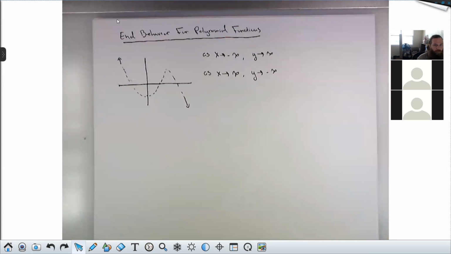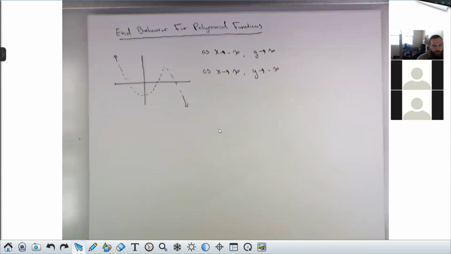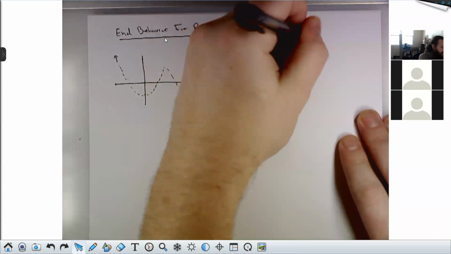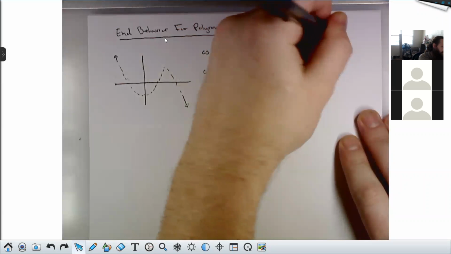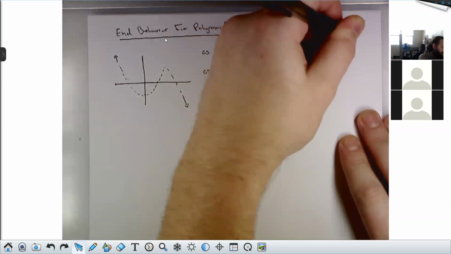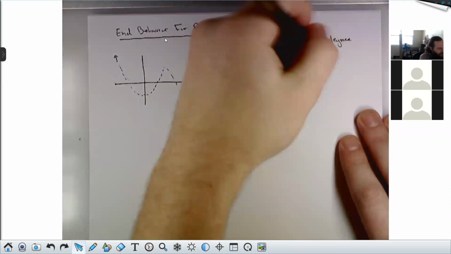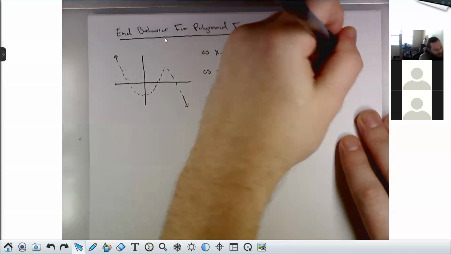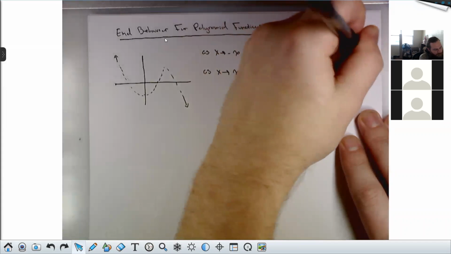The type of functions that exhibit this behavior, let me say this another way. The end behavior is determined entirely by the leading term. So these would be any polynomial with an odd degree, and in this case, a negative lead coefficient.